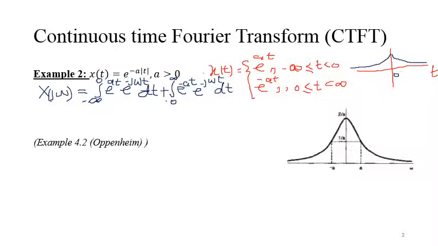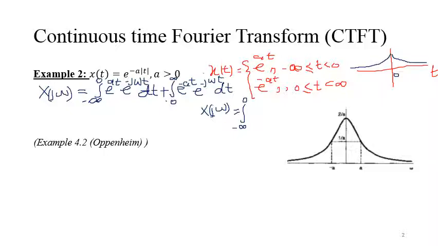So that means x of j omega can be written as integration from minus infinity up to 0. Because the bases are the same, the powers will be added, and it will be at minus j omega t.